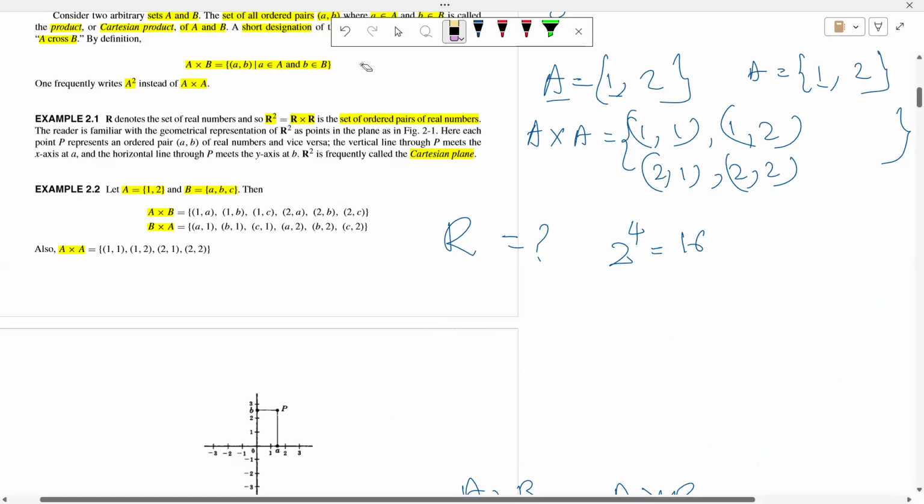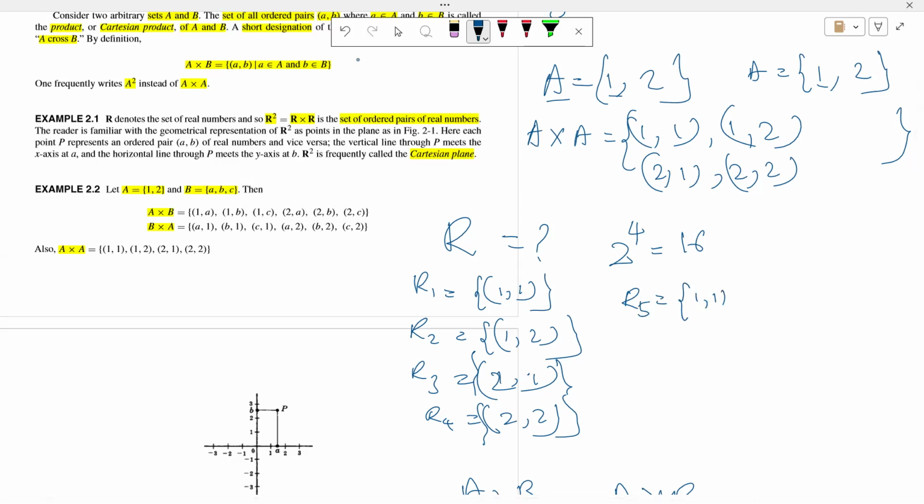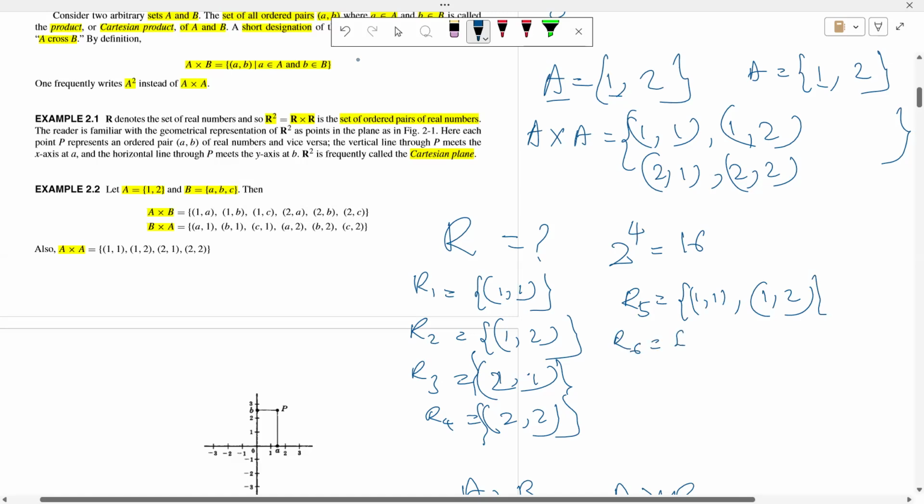First, we can create relation R1 with one ordered pair, 1, comma 1. This is one relation. Similarly, R2 with 1, comma 2, R3 is 2, comma 1. Similarly, R4 is 2, comma 2. So altogether here, 4 relations, right? Again, I can write relations with two elements. R5 is 1, comma 1 and 1, comma 2. Similarly, R6, I can write 1, comma 1, then 2, comma 1.